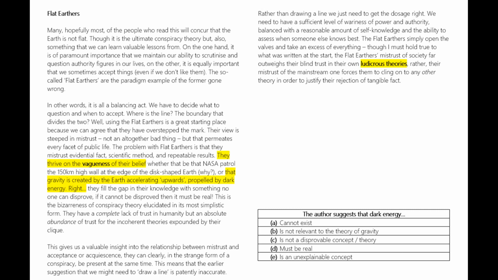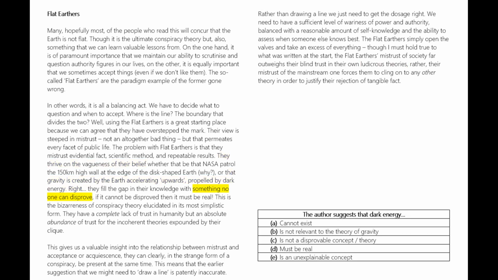Whether it's credible in its application to gravity or in the concept itself, we don't know yet. But where does the author say or insinuate that dark energy does not, let alone cannot, exist? Well, they simply don't. In fact, they suggest that technically this concept cannot be disproven, which means it could be proven. Therefore, we have no reason to believe that A is right, and I'll cross it off.